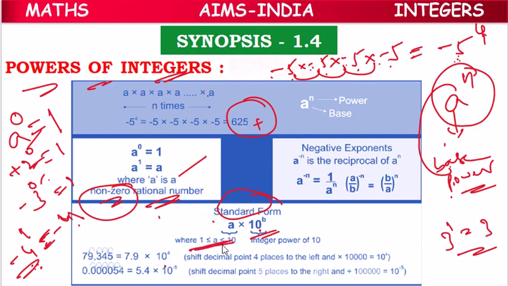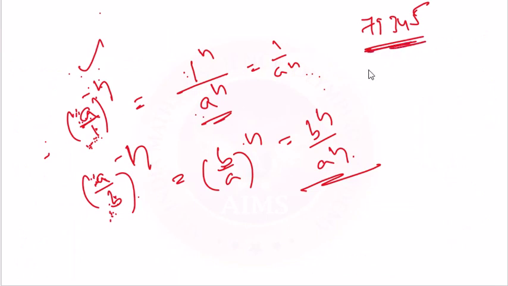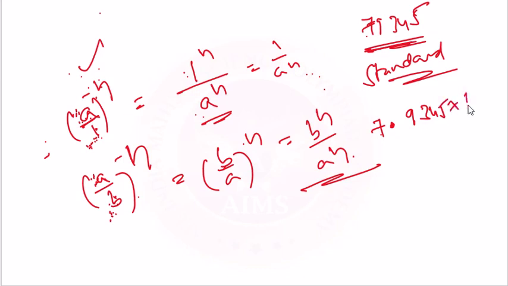Means to write it in standard form, first we have to separate the first, extreme left digit, which is 7. We can write it as 7.9345 into 10 power 4.